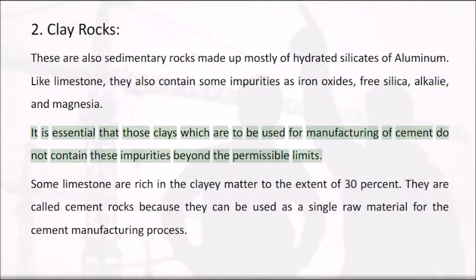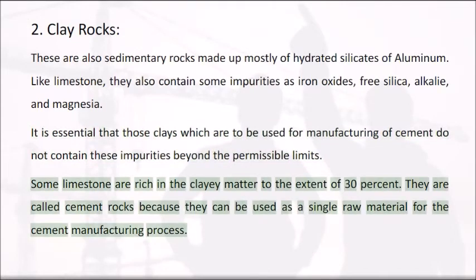It is essential that clays used for manufacturing of cement do not contain these impurities beyond the permissible limits. Some limestone are rich in clayey matter to the extent of 30%. They are called cement rocks because they can be used as a single raw material for the cement manufacturing process.